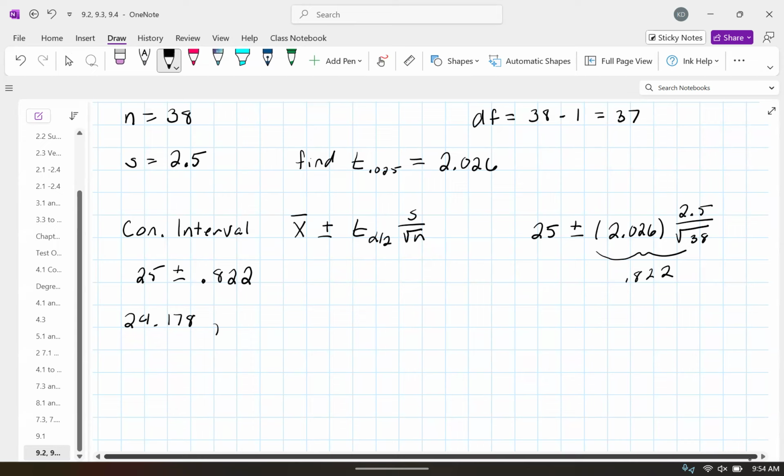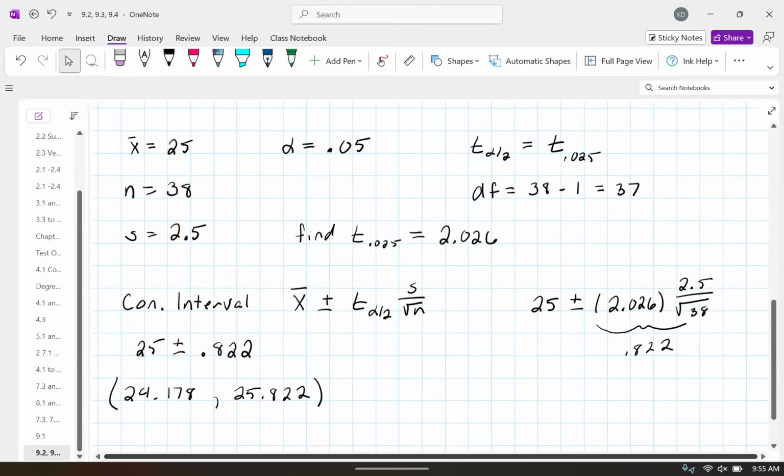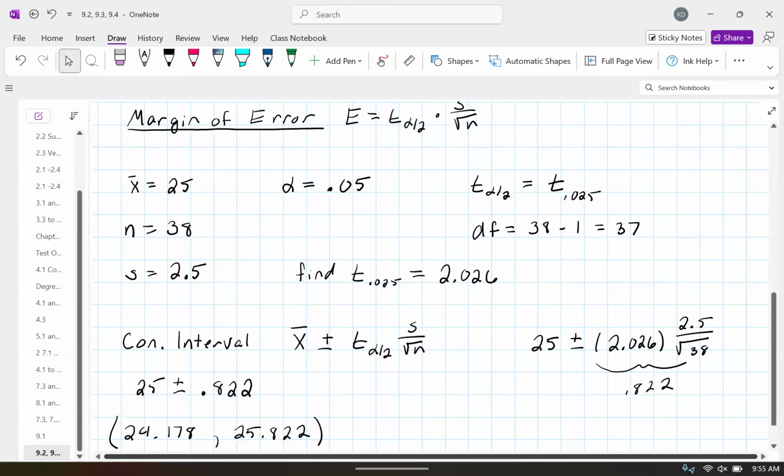And 25 plus that is 25.822. So we find that our population mean is probably going to be between 24.2 and 25.8.